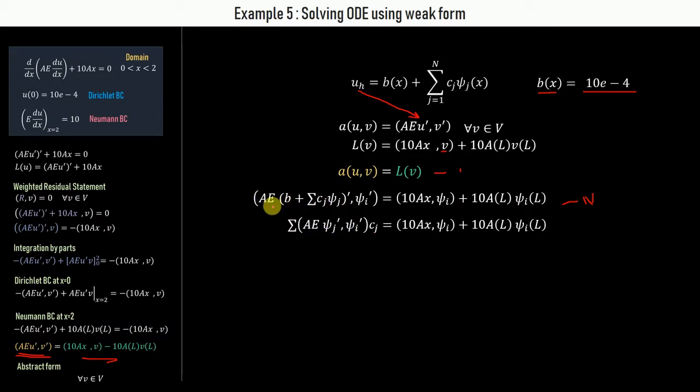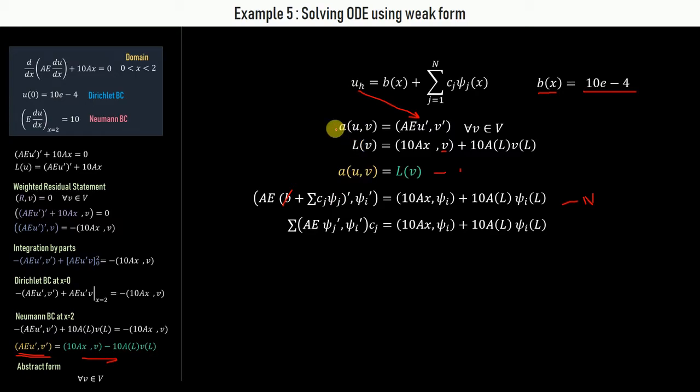Okay, now we can move this part. Since the derivative of b is a constant, it goes out, and we get the term AE summation of cj psi j dash. cj is also a constant, and psi i dash. We can take this summation out and cj out of this inner product.